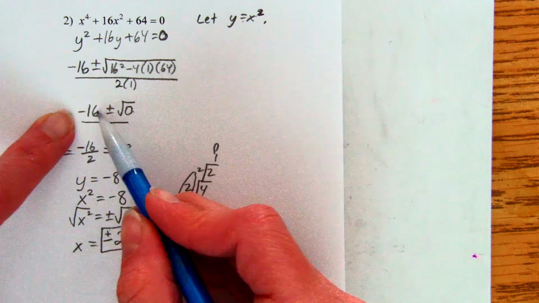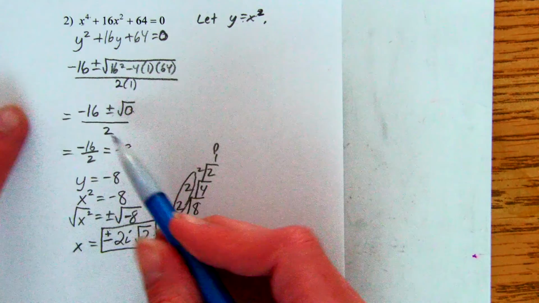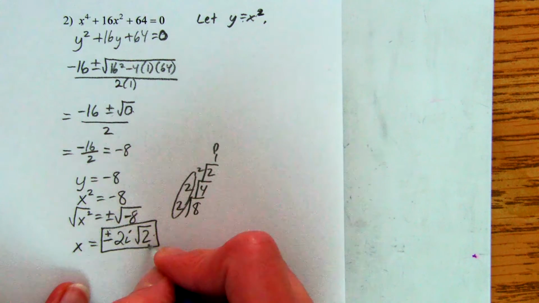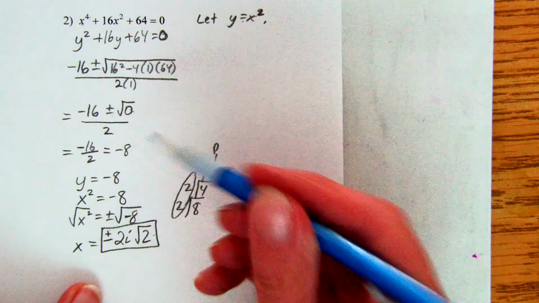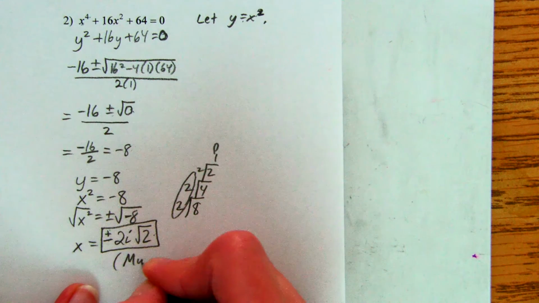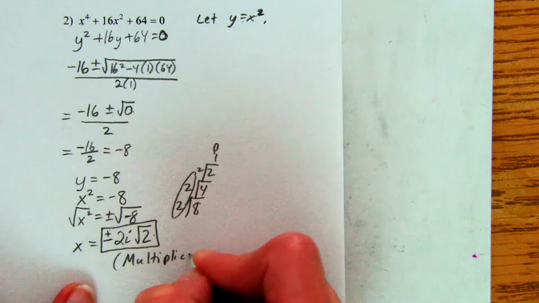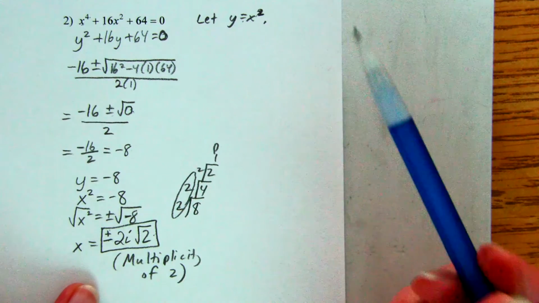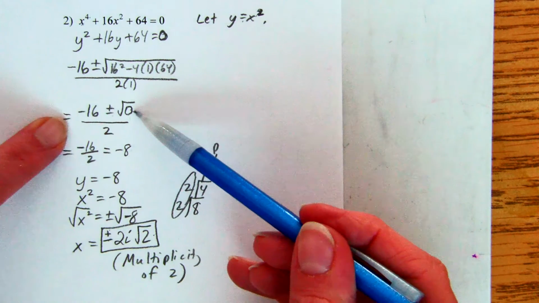Now, technically, we added 0 and did this, and then subtracted 0 to get this. If you only get one answer up here, they would say that this root has a multiplicity of 2. That just means that we got the same answer twice.